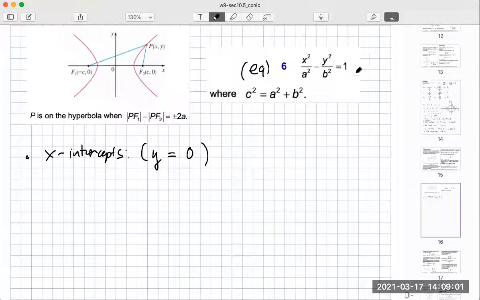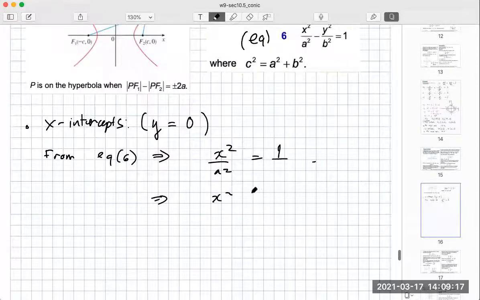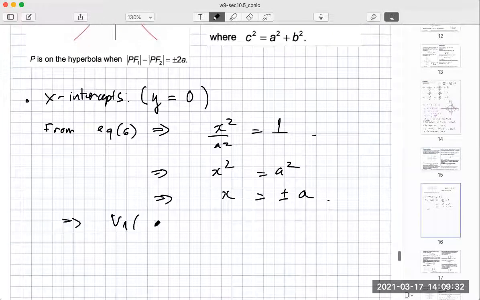If y is equal to 0, then from equation 6 here, we have the relation that x squared divided by a squared will be 1. It means that the same story, x squared will be a squared, right? Or x will be plus or minus a, okay? It means that the point V1 when x is equal to negative a, y is equal to 0.